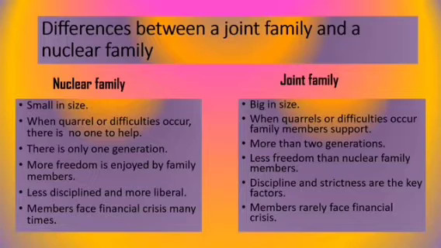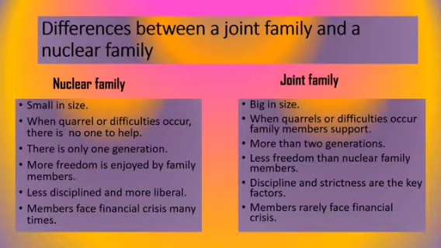Now let's come to discipline. In your families, if you do get up a little late, I'm sure your parents will say, okay, fine. They're rather liberal. And the discipline is rather less because it's only 3 of you or 4 of you or 5 of you. But in a very large family, discipline and strictness are the key factors.